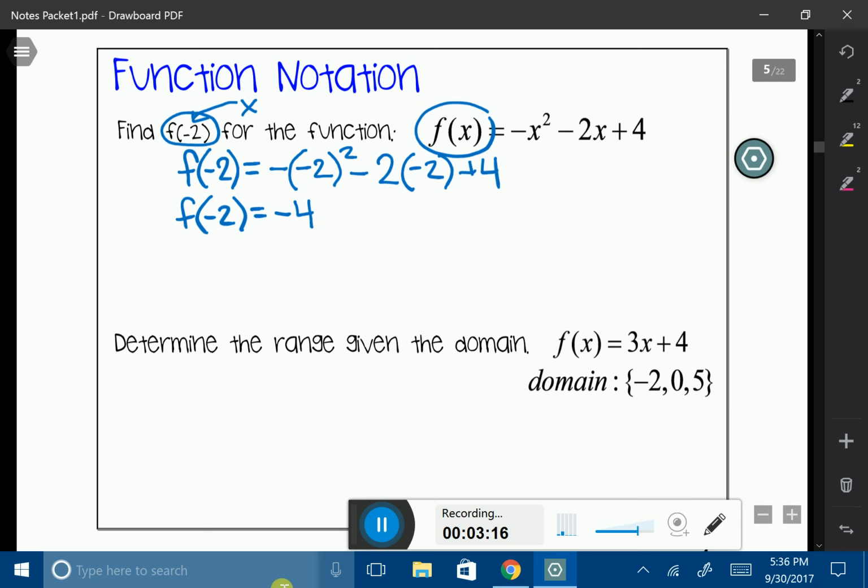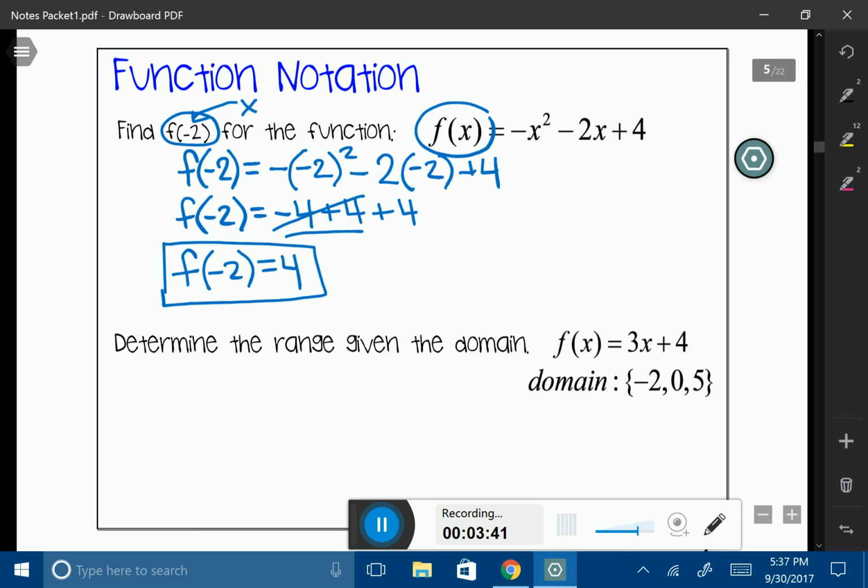Negative 2 times negative 2 is going to be a positive 4. And then I have a 4 tacked on to the end. So you can see here that my negative 4 and 4 basically cancel each other out, which means f of negative 2 is going to be equal to 4. And that is my answer. F of negative 2 is equal to 4.